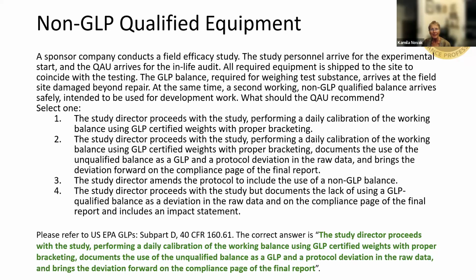So what that means is that you can't just say GLP deviation and then walk off and be done with it. You need to say, okay, we did a GLP deviation, but there's going to be a lot less impact because we still use GLP certified weight sets, and we use a bracketed weight and all that stuff and document it properly. And so that's the bigger aspect in here, but this was a trick one.